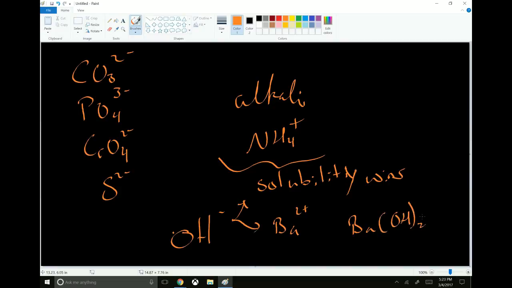It's not hugely soluble, but it's soluble enough that we sort of treat it as soluble. These guys are always soluble, and their solubility wins when you bond them or mix them with these guys. But carbonate, phosphate, chromate, sulfide, and hydroxide are all insoluble most of the time.